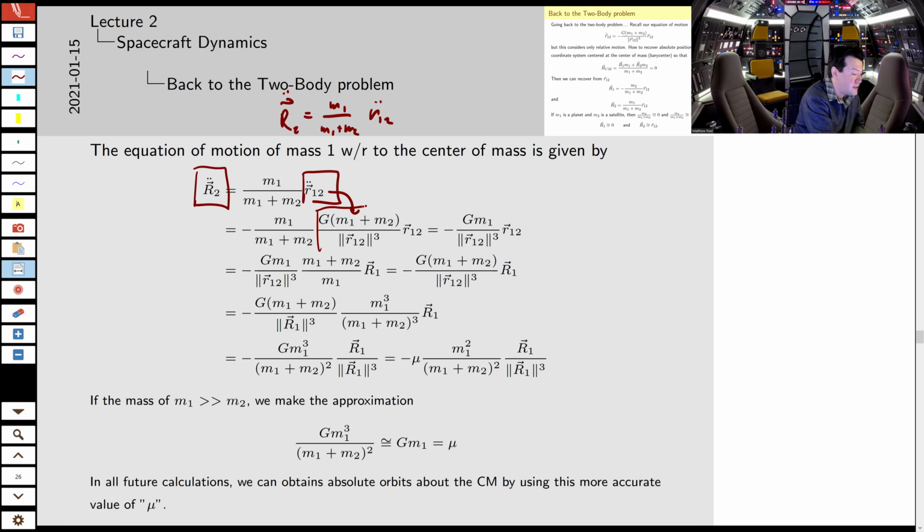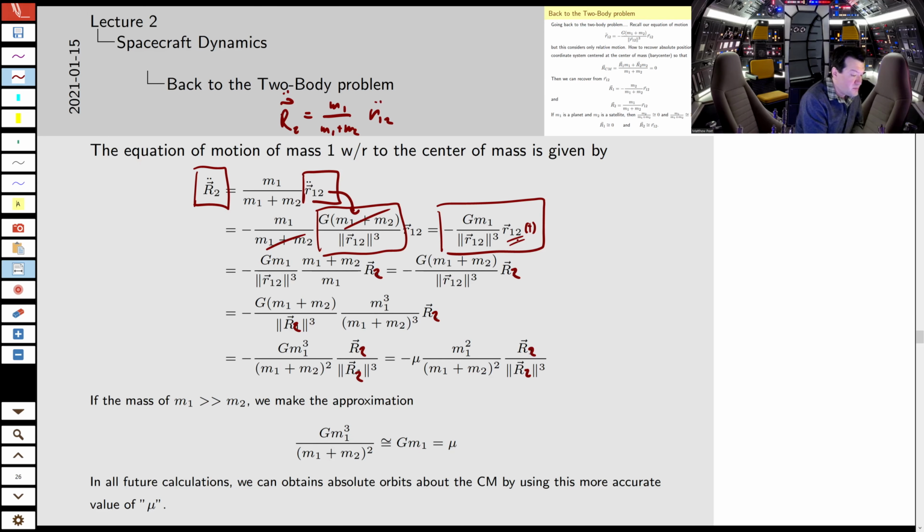This term cancels out that term, and so we have an expression for R double dot in terms of this position vector R12. But of course, that's not what we want. We want to express R2 double dot in terms of R2. Actually, sorry, I've made a couple of mistakes here. These should be 2's because I updated my notes. My apologies for that. Those should all be 2's. There we go.